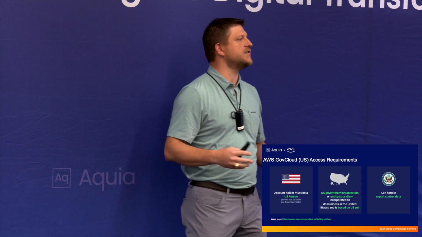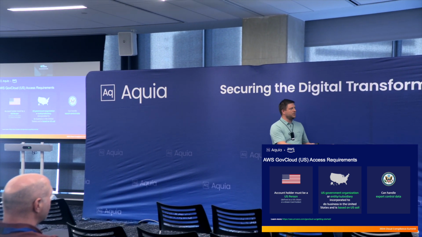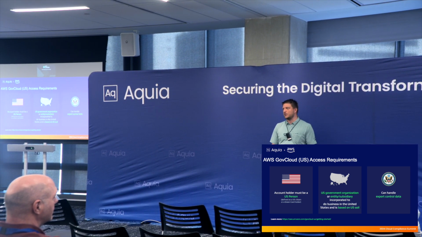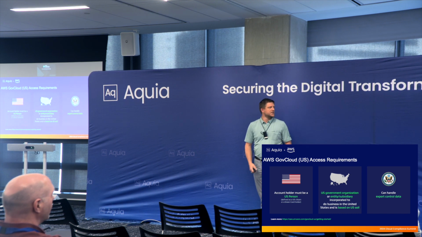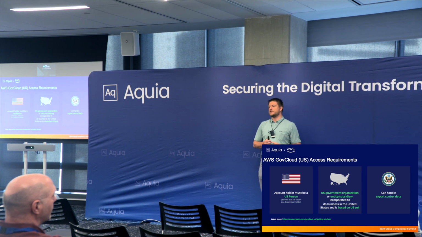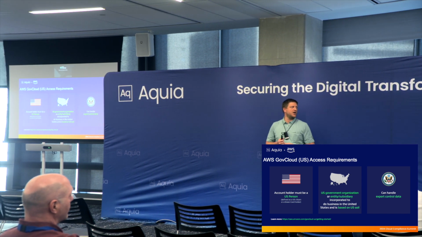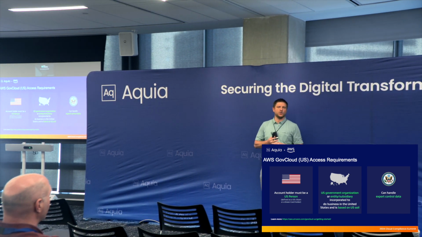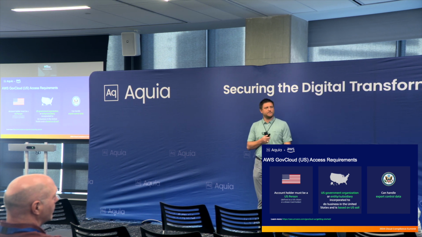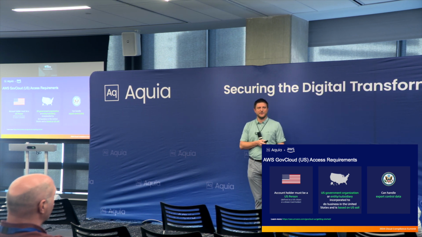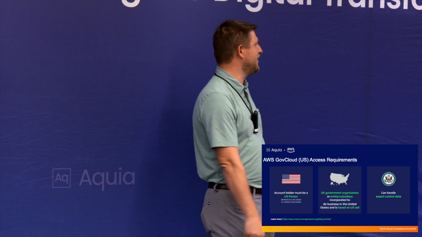So if you're a global company and you have a US subsidiary, you can request GovCloud access under that US subsidiary with that US person. That could be a green card holder or a US citizen. Those are the general requirements. And last, we're going to check the person and the entity to make sure you're not on the debarred list for handling export control data. I'm pretty sure that if you were on that list, you would know it, so it shouldn't be a surprise to anybody.